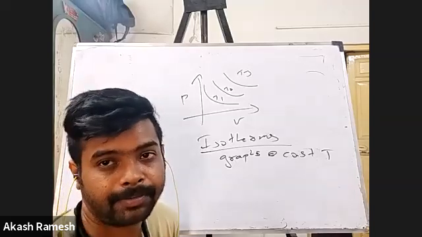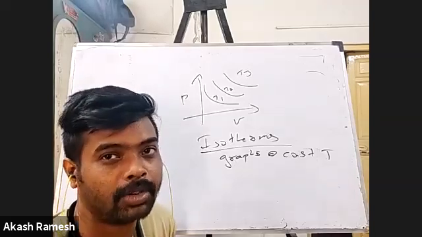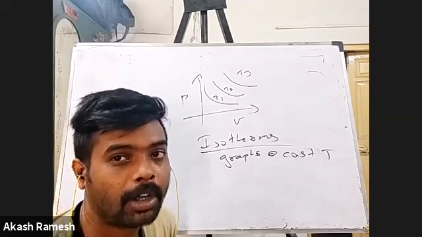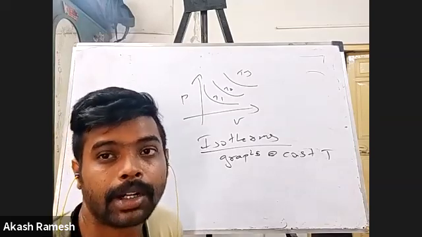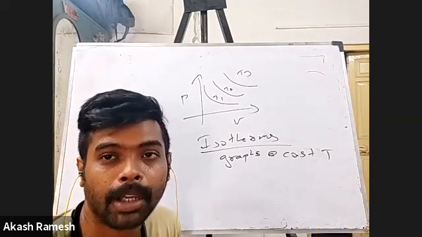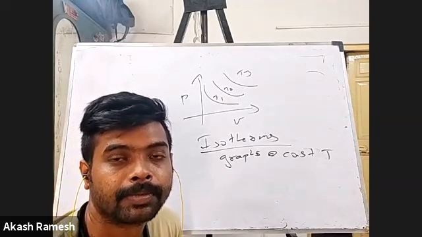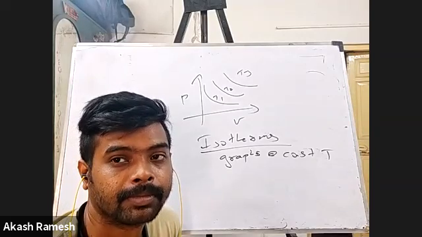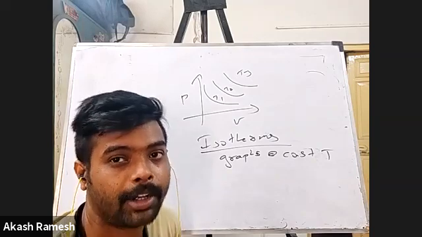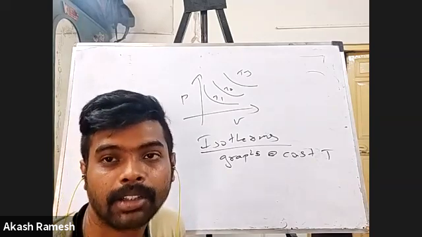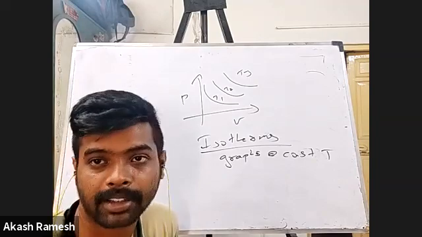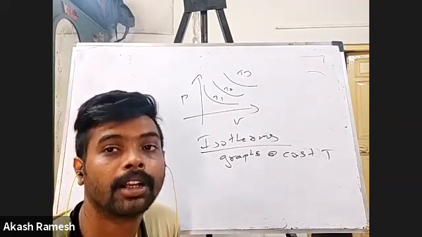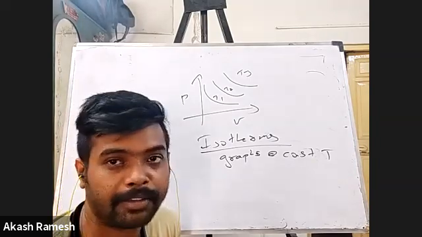From the graph, can you predict the order of magnitude of T1, T2, T3, that is, which is greater, whether T1, T2, or T3? Will you be able to tell that from the graph?